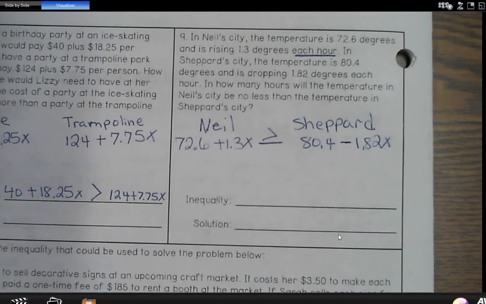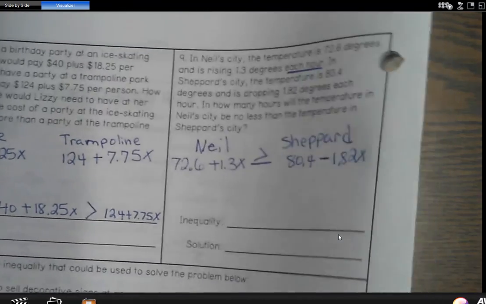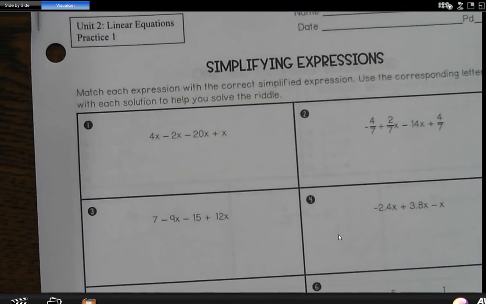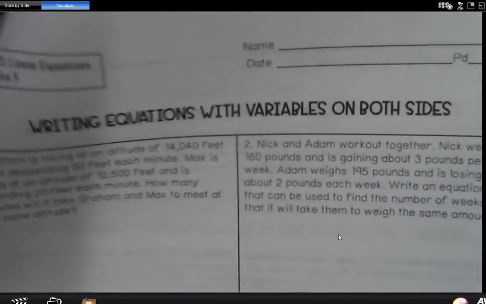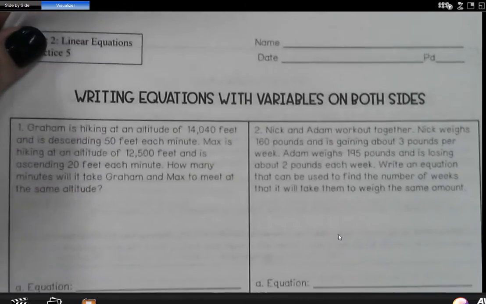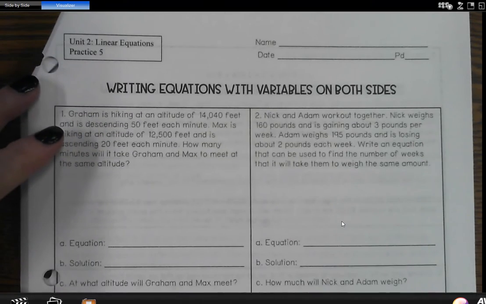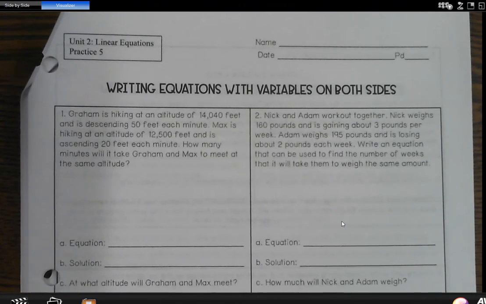Okay, get out your homework packets. We're gonna do some of these in class. We've turned in all of practice 1, 2, 3, and 4. So you should have just 5 and 6 left. You didn't turn in 3? Did you turn in 4?